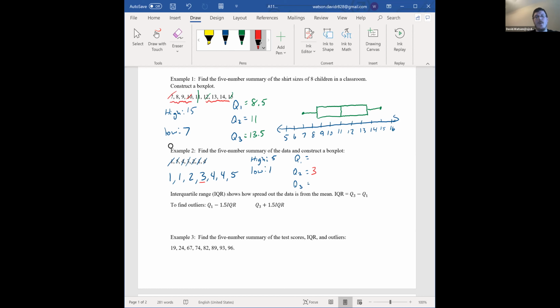Our Q1 is gonna be the middle of this left half of data, which would be this 1. And our Q3 is the middle of the right half of data, which would be 4.